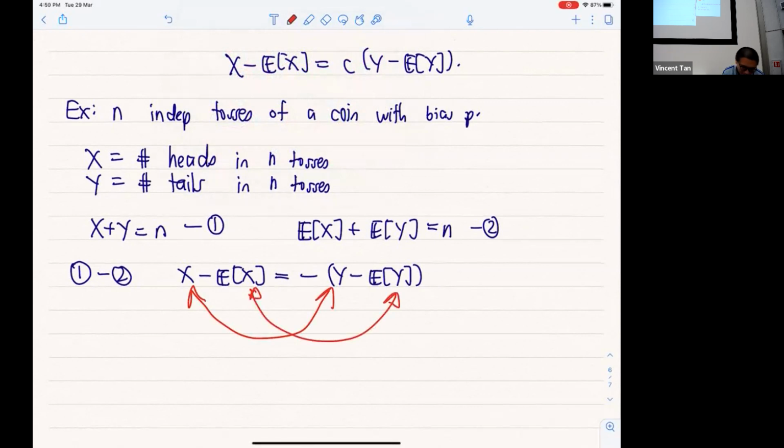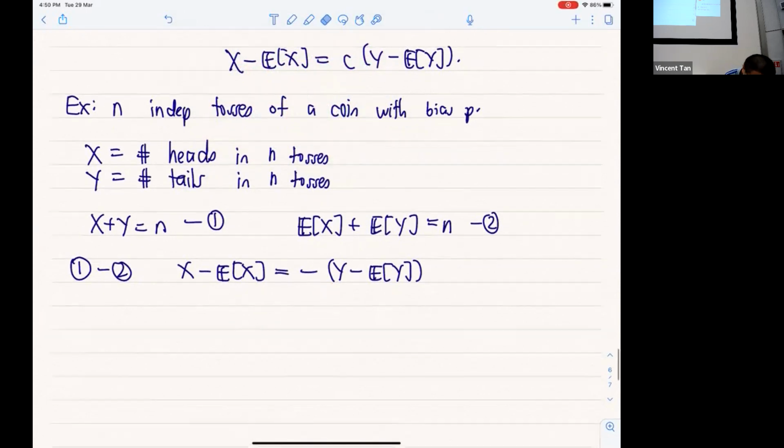So this is just some bookkeeping. I'm not going to talk too much about this. This equation holds because x plus y is n, and expectation value of x plus expectation value of y is n. So what is the covariance of x and y?